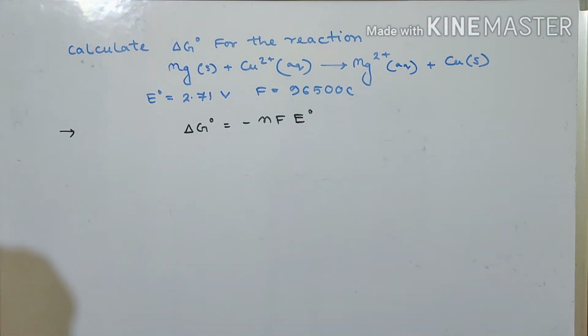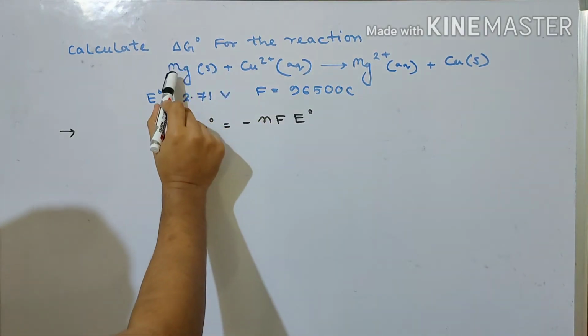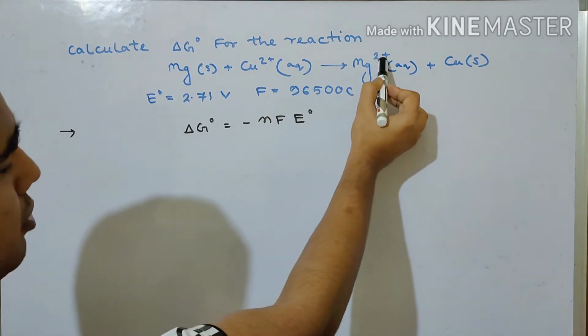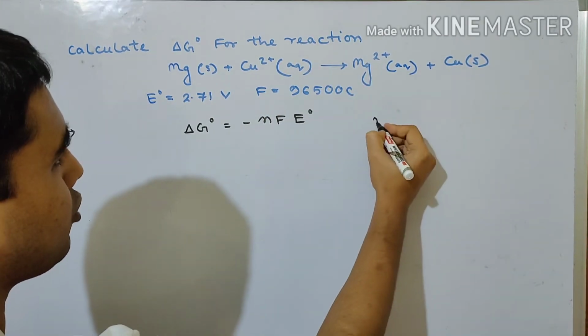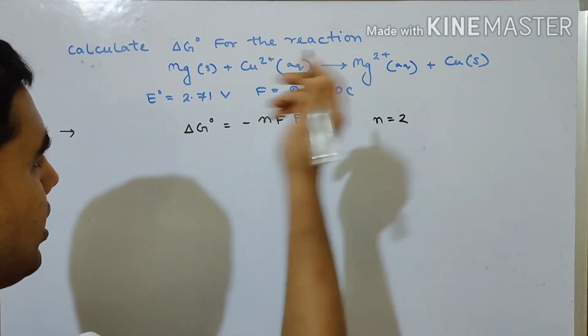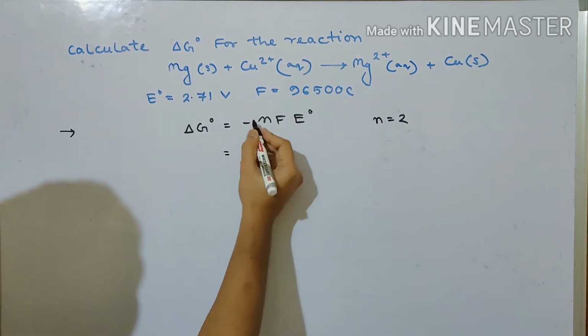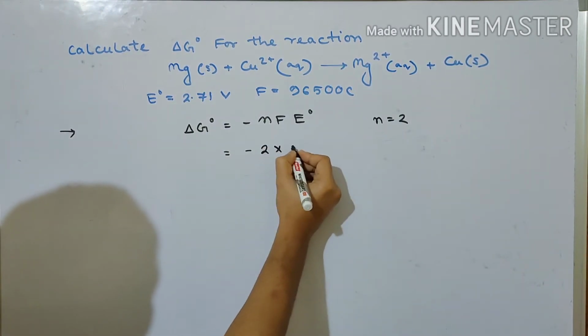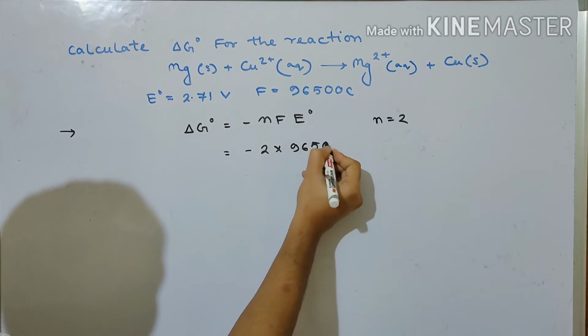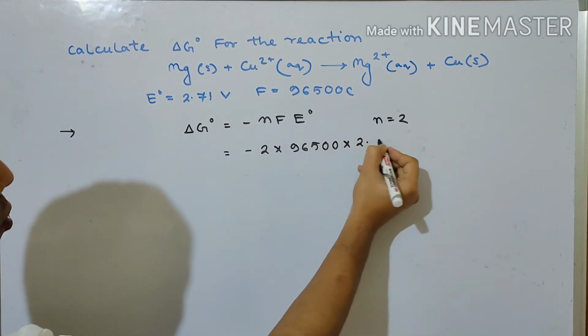You see E0 value is given, F is also given, and we need to calculate only the value of N. From here it is easily visible that Mg is giving rise to Mg2+. So the N value should be 2. Faraday is given, E0 is given, so directly put the values. It is minus 2 into 96,500 into 2.71.